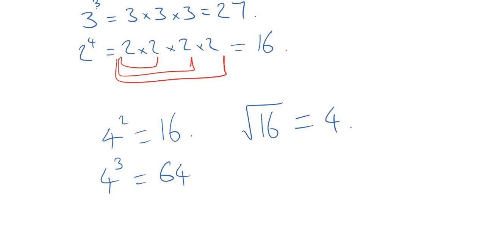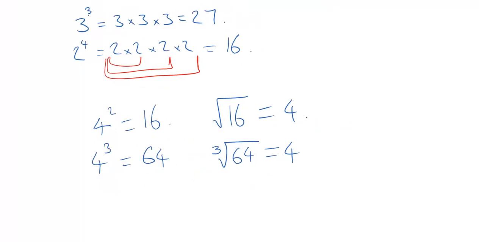Now, the inverse operation of this is a cube root. And we write it similar to a square root with a little 3. And that is really saying to us, well, what number is it that multiplies by itself 3 times to make 64? And of course, it's 4, because 4 times 4 times 4 makes 64.